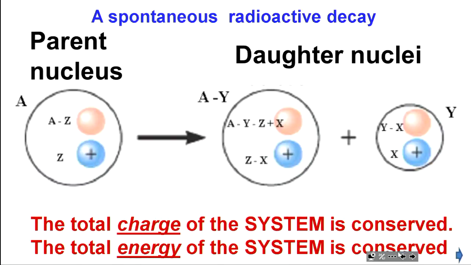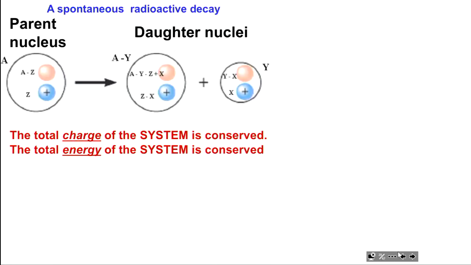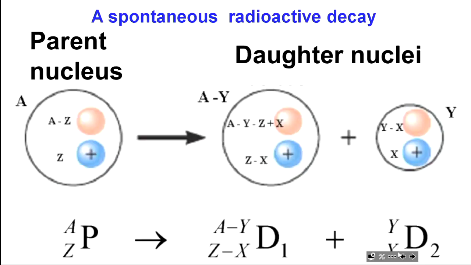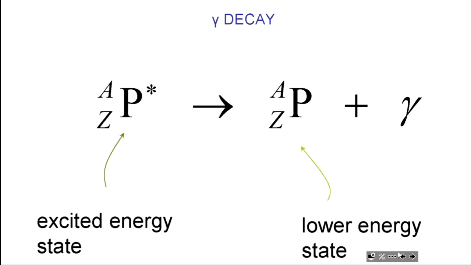And of course, we're going to practice a little. So in this situation, we just get a summary for one initial parent particle, a spontaneous radioactive decay.